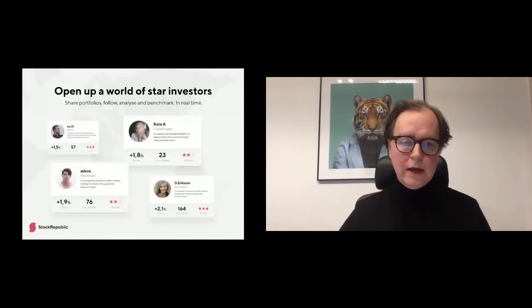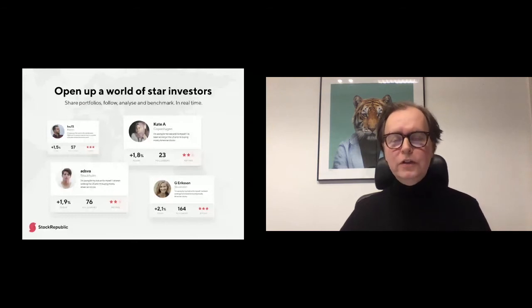So we could connect one or several banks in basically any market and set up a universe of what we call star investors, which could look like this, where everyone at your bank could actually see each other in real time, share portfolios, follow, analyze, and benchmark in a lot of ways, instant.